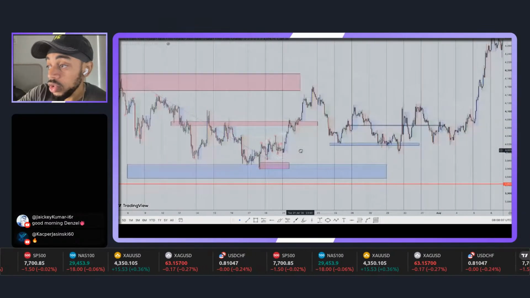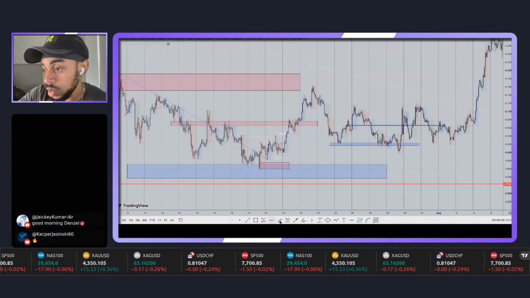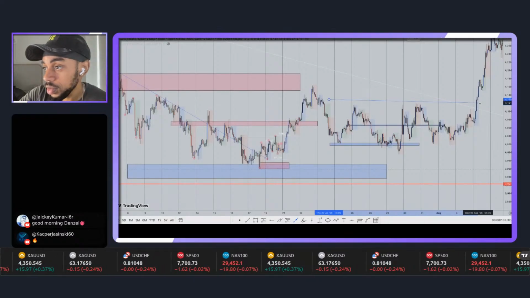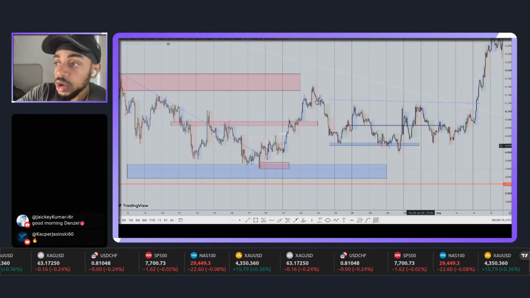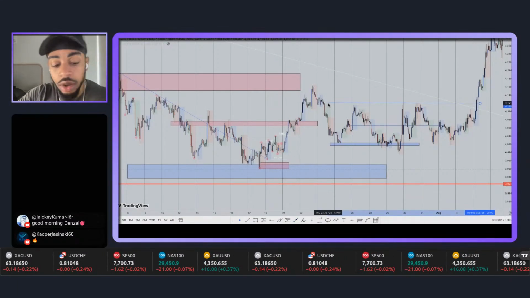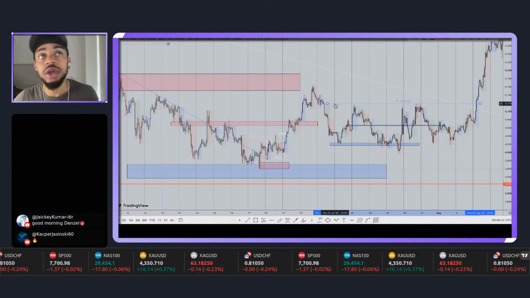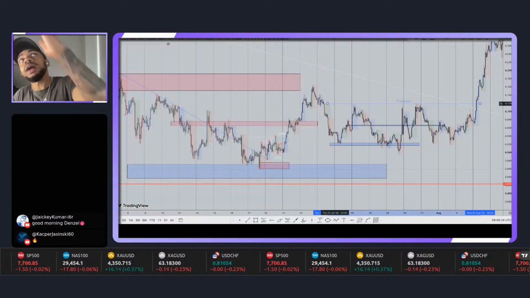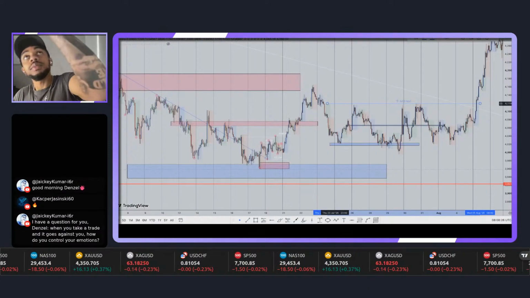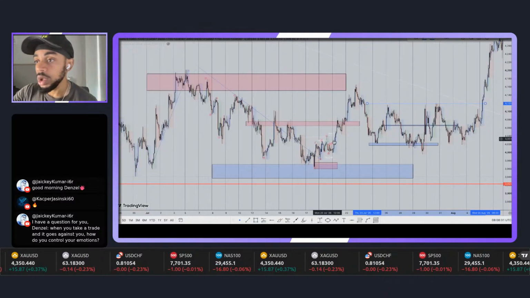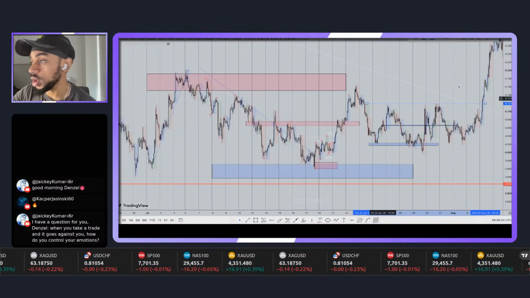And then the last direction it'll move in is a range, so sideways. And obviously when it's in a range, it is moving up and down, but it's not moving in a trajectory angle going up. It's moving like this. Clear example, up, down, side.